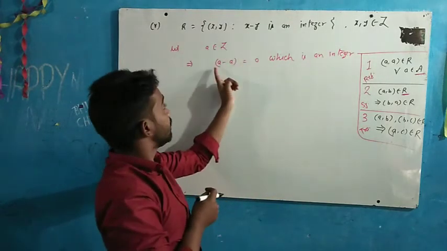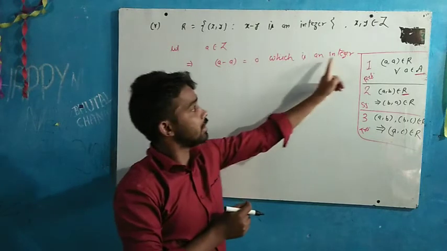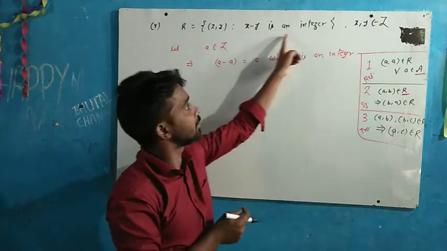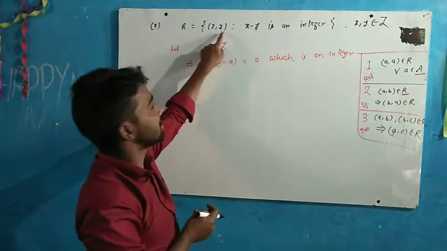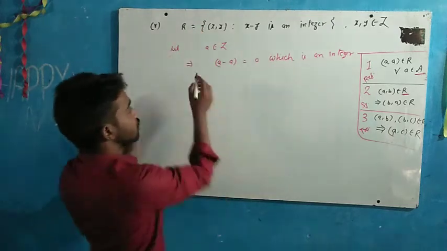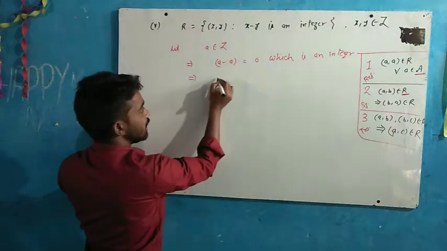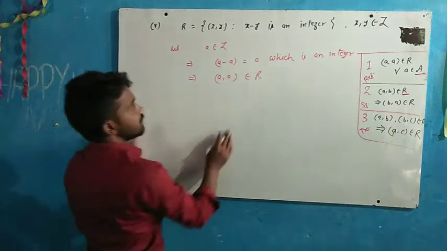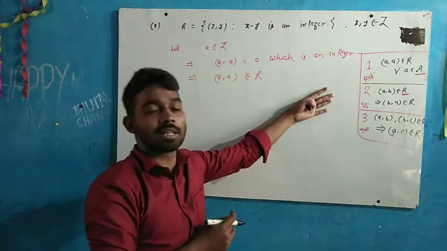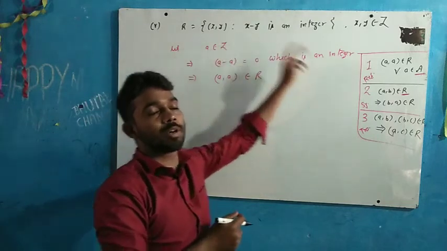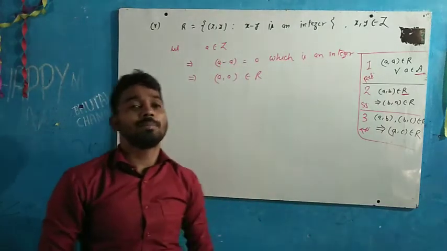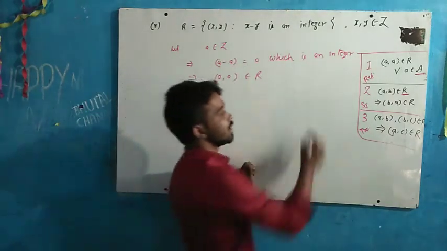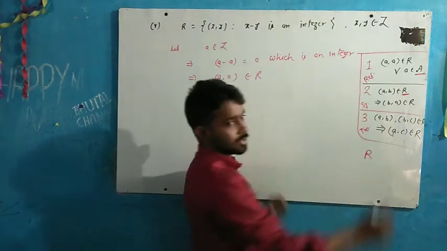First number minus second number is an integer, so both first number and second number come in the relation R. So with the help of relation R, we can say (a, a) belongs to R. Hence it is clear. So what we have seen is that for every small a belonging to capital Z, (a, a) belongs to relation R. That's why it is reflexive.